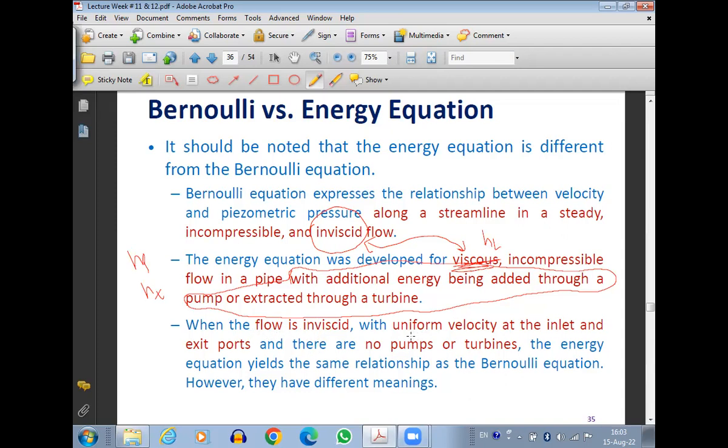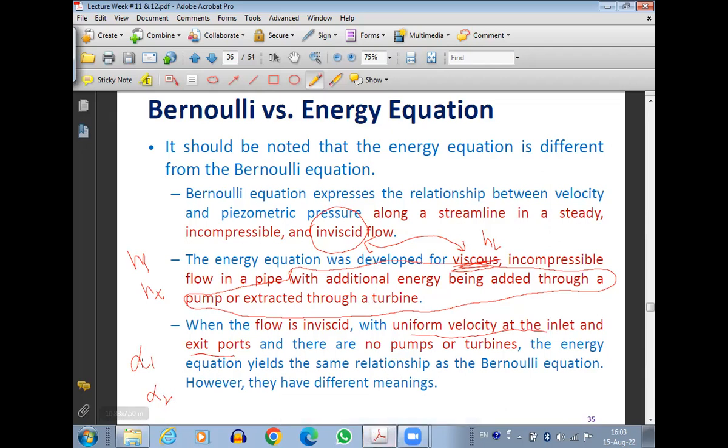We are assuming uniform flow velocity at the inlet and exit ports in case of the Bernoulli's equation. But in case of the energy equation, we are now using alpha 1 and alpha 2 in the main formula. This alpha 1 and alpha 2 is basically taking into account the non-uniformity within the velocity profile inside the kinetic effect.